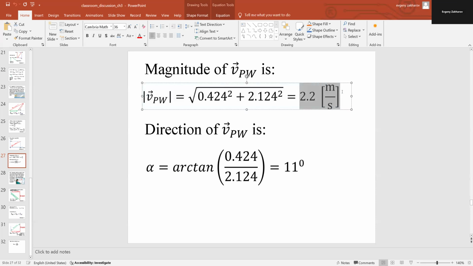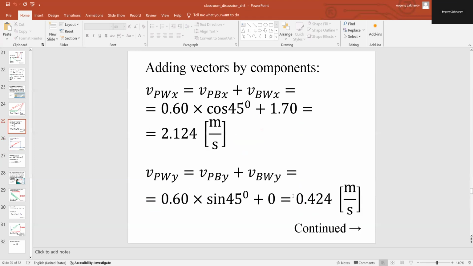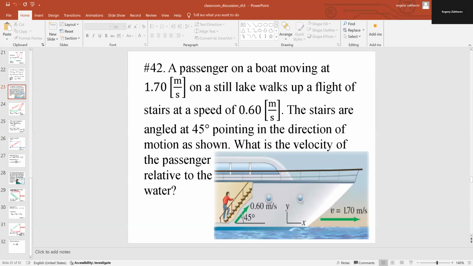So magnitude is 2.2, and direction is 11 degrees. Once again, see how it is different from the given 45 degrees with respect to the boat. Because one reference frame is the boat, but if you want the lake to be the reference frame, then everything changes. You are left with a different answer, a very different answer.